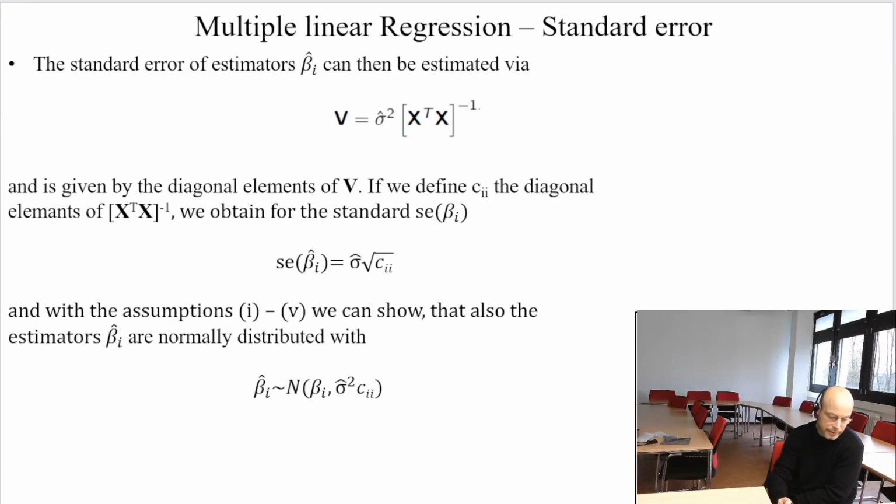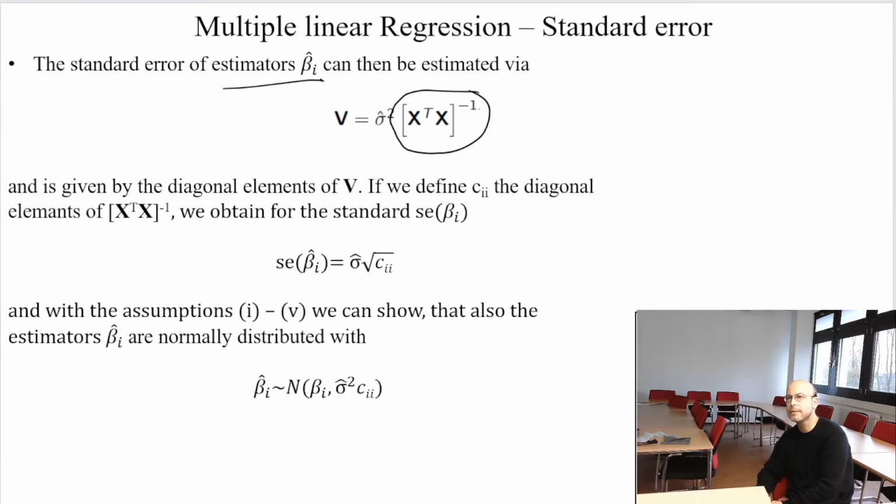And this we won't show here in this lecture. We can show then that our estimators all have variances which are, not surprisingly, dependent on our first order conditions of our linear regression.